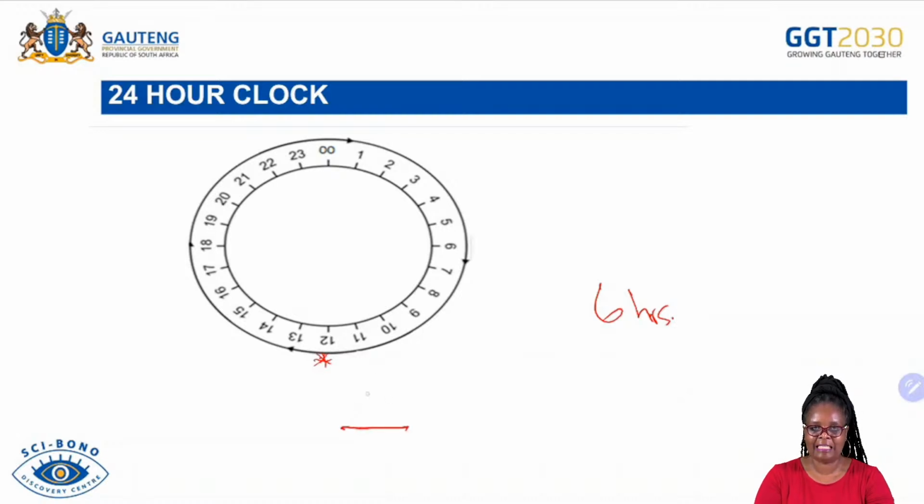We move anti-clockwise. So let's minus 6 hours: 1, 2, 3, 4, 5, and 6. So we have minus 6 hours, and we arrive at 0600 hours.